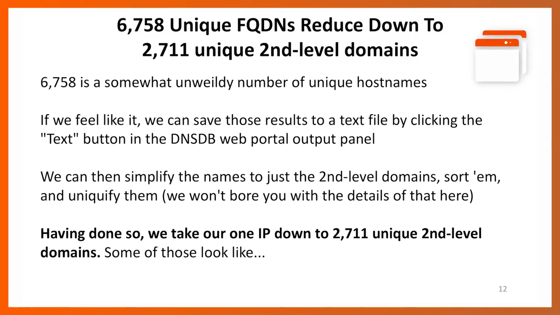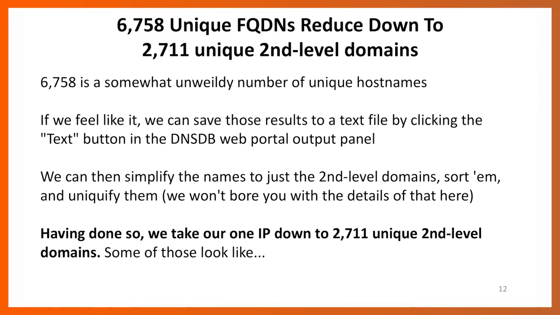Because it's such a large number of results, we're going to save those results to a text file by clicking on the text button in the DNSDB web portal output panel, and then simplify those names to just the second-level domains. We can then sort and uniquify them to reduce the number of domains we have to work with.